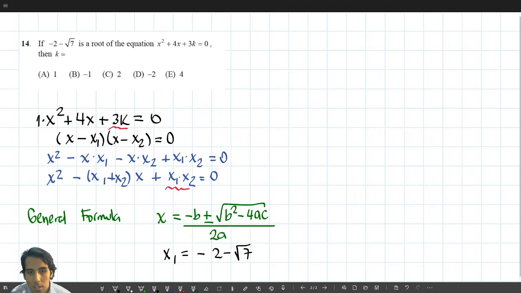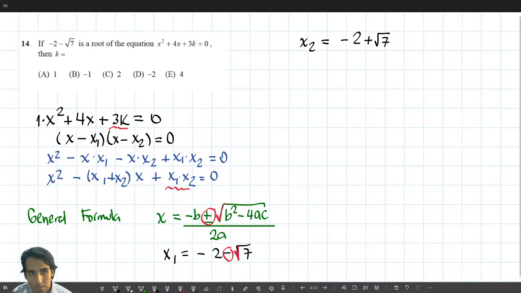We notice that it has a plus minus sign, and we have minus here. So the other solution has to be x2 equals minus 2 plus square root of 7, because checking the formula and given the known root, we can obtain the other root.